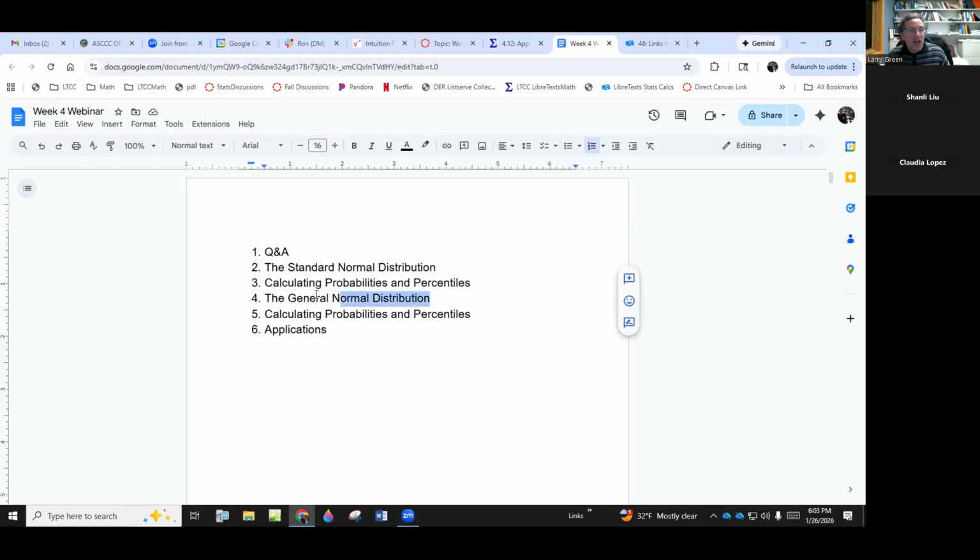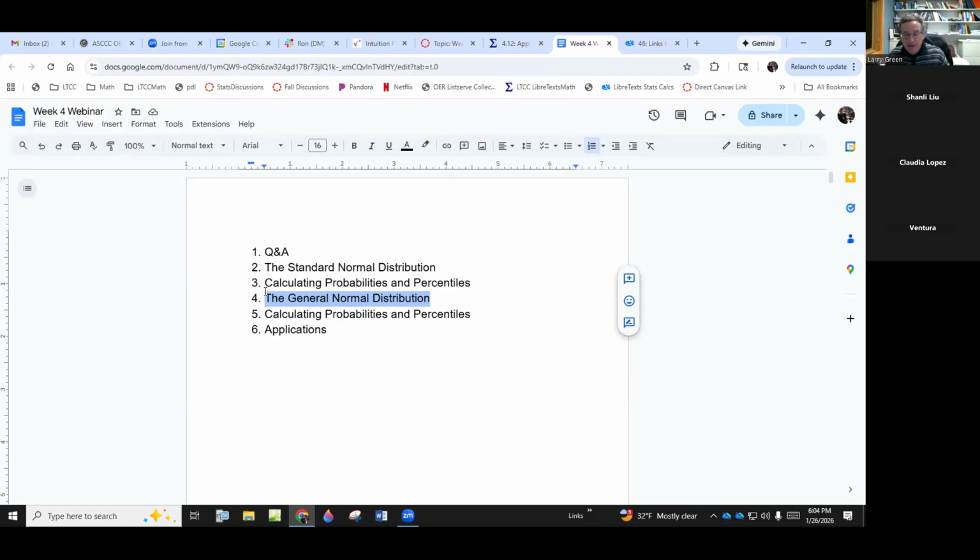Then we'll look at the general normal distribution, and that is going to require the calculator. And I do want to remind everyone, you are required to use the class calculator. Okay, if you're not using the class calculator, then I'm pretty harsh on grading. So you need to use the course calculator. And if you're doing homework problems, whatever, or discussion post assignment, that type of stuff, or exam, use the course calculator.